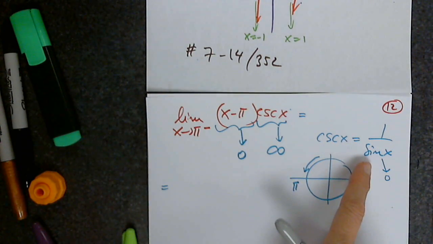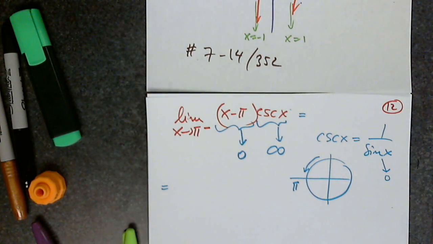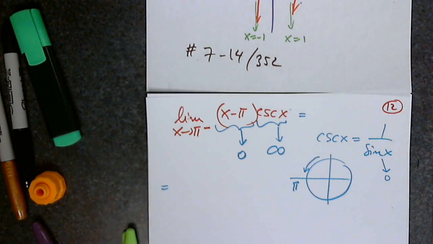I already have the ratio. If I bring x minus pi as 1 over x minus pi to the denominator, then I have a ratio to differentiate. I don't want to differentiate the ratio. Is that clear? So what will you write? Dictate and I will write it.